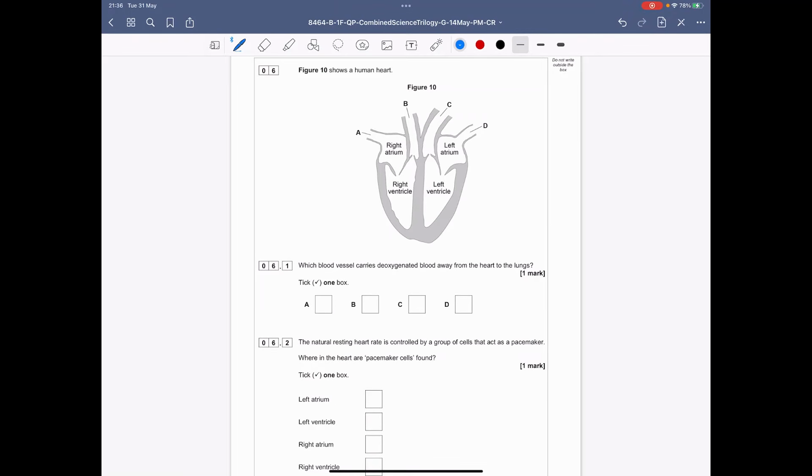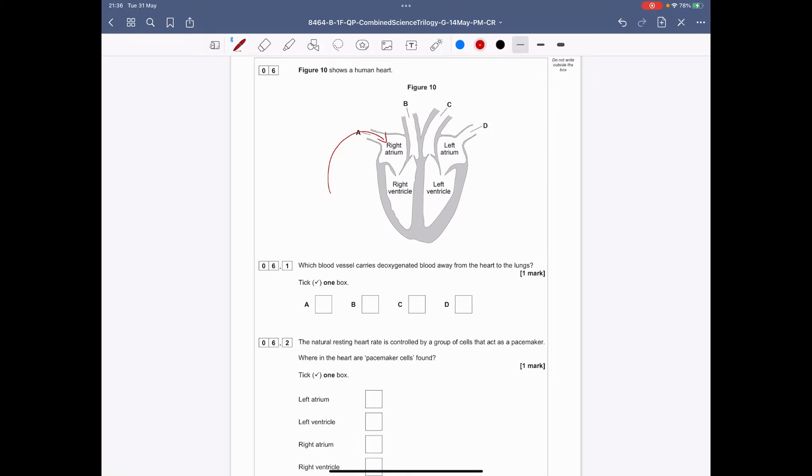Question 6 then. Figure 10 shows a human heart. Which blood vessel carries deoxygenated blood away from the heart to the lungs? So you've got your four chambers of the heart here with your blood vessels going out A, B, C and D. So a quick recap.